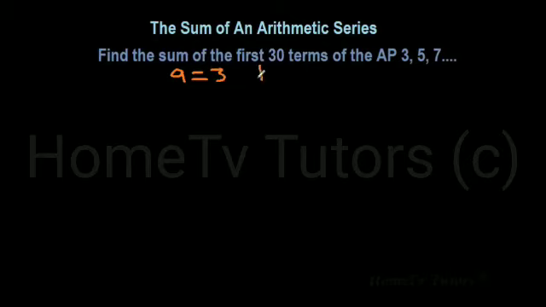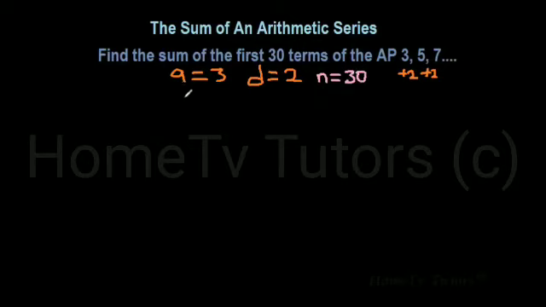Then the common difference: 2 is added to the first term to get the second term, and 2 is again added to the second term to get the third term. So the common difference is 2. And for N we are talking of just 30 terms.